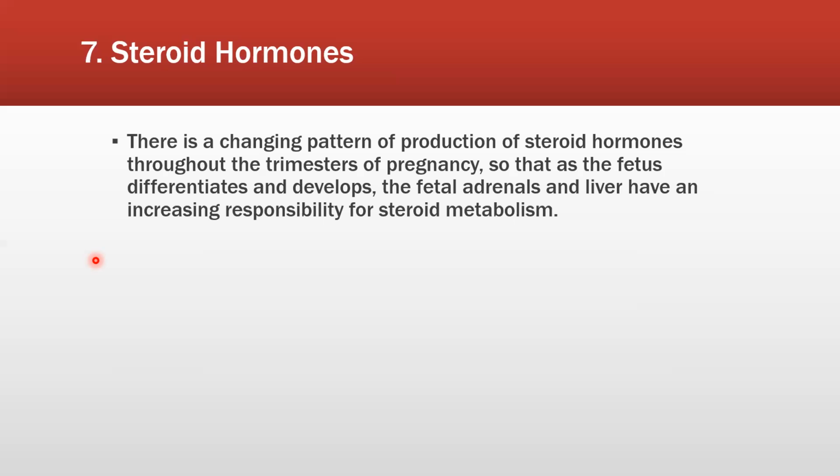So as that fetus develops and the reliance on maternal cholesterol and steroids decrease, the growing fetus is able to basically supply its own steroid hormones, which are precursors for things like progesterone and estrogen that we talked about, that just kind of help to maintain this pregnancy.